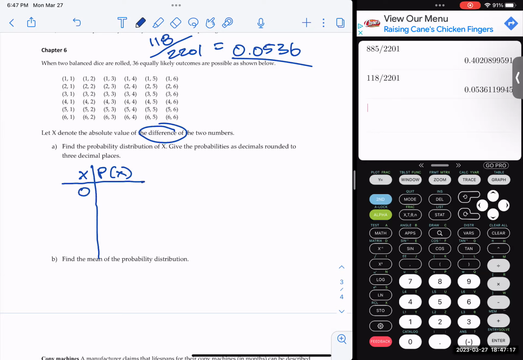What's the biggest difference you could get? I guess I'd think about the highest value subtracting the smallest value, right? Which would be what? Yeah, 6 minus 1 is 5, right? And so if you look at those and start subtracting, you'll see it's everything in between 0 to 5, right?